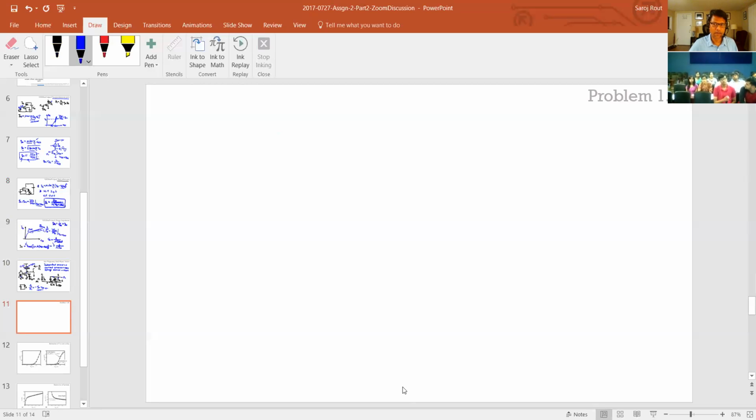So I think I'm going to choose problem 1.20. So basically what was asked here was, this design was for a 0.35 micrometer NMOS design.